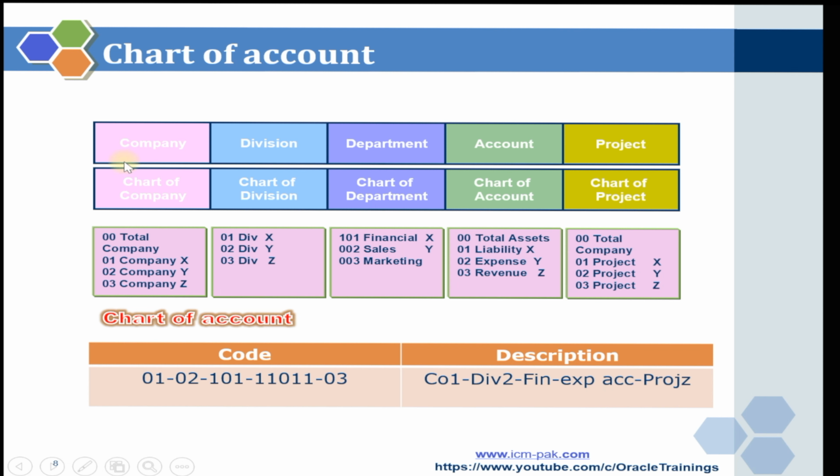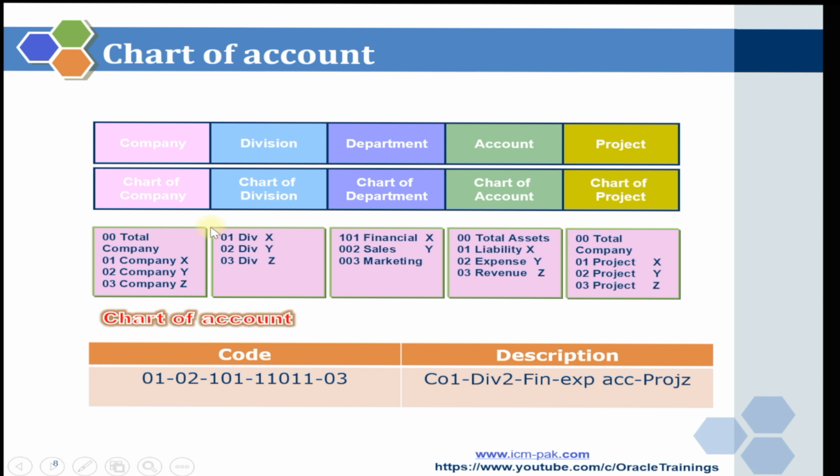For example, if you are going to build a table, you have a column company, a column division, a column department, a column account, and a column project, and under each column you record the data. So here also functionally you will have segments, and under each segment you will have your data or your information.